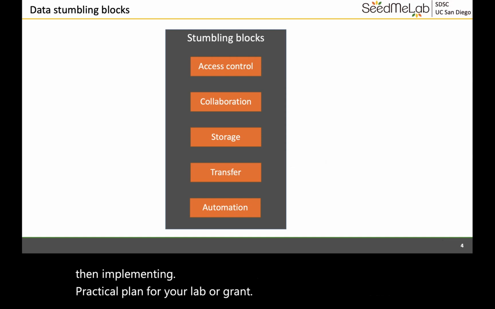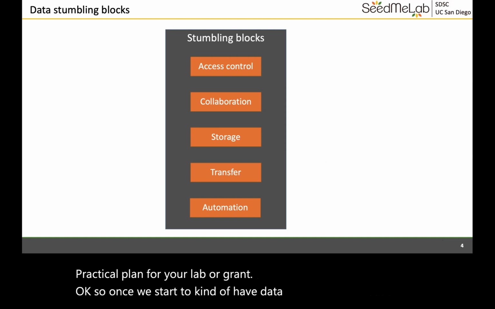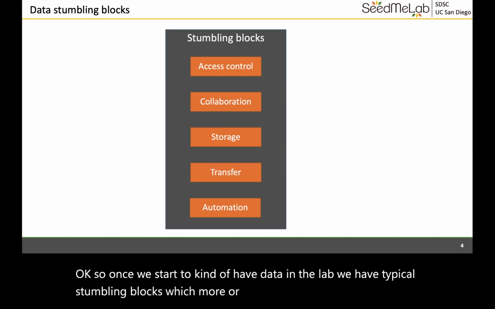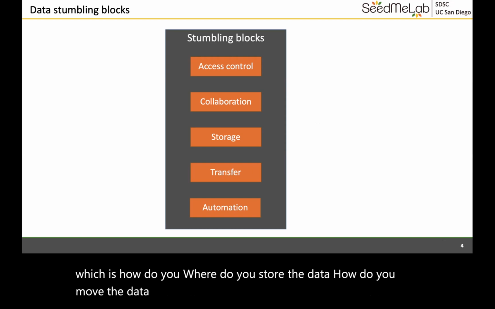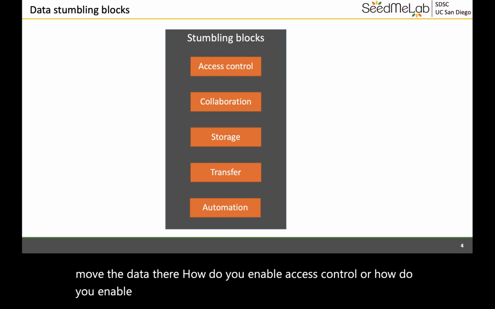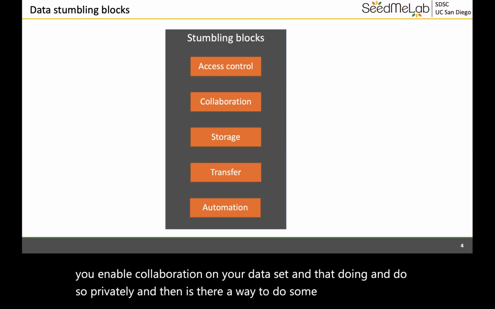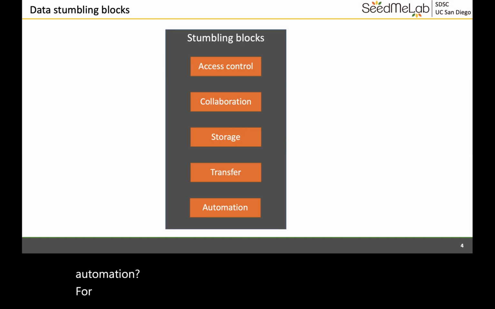Okay, so once we start to have data in the lab, we have typical stumbling blocks which more or less everyone comes across: where do you store the data? How do you move the data there? How do you enable access control, or how do you enable collaboration on your data set, and do so privately? And is there a way to do some automation for data movement and data management?